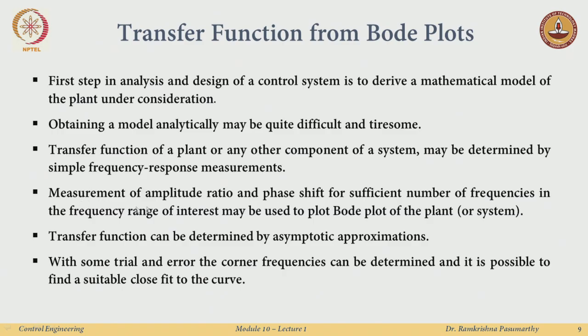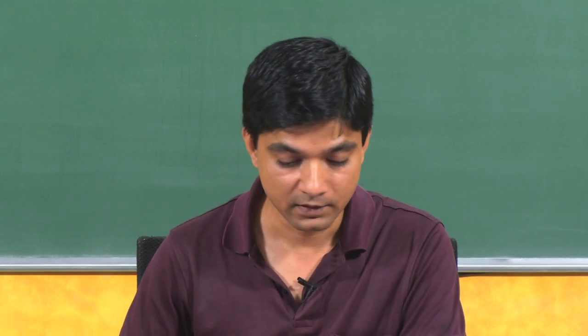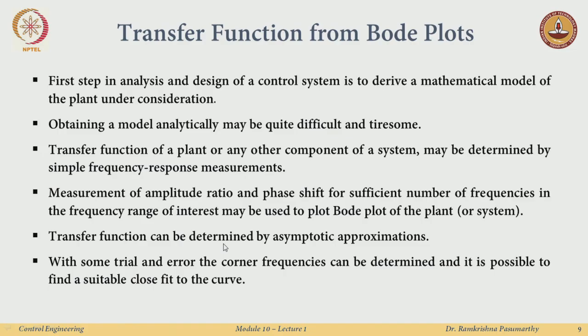So, I measure the amplitude over a large range of frequencies, and because of this I can easily plot the Bode. So, Bode essentially was that, right? I am looking at how my magnitude changes with changes in frequency, and the transfer function can be determined by the asymptotic approximations, and I will show you a couple of examples of how we do this.